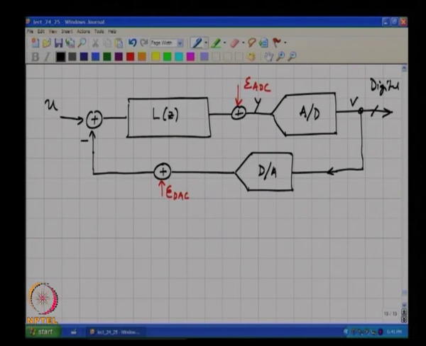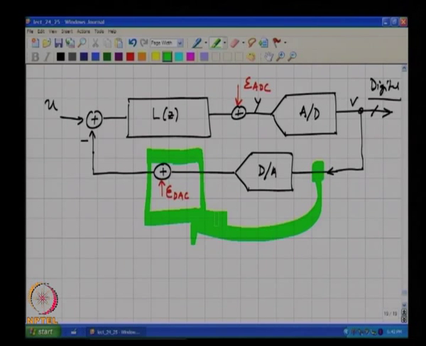Okay. All right. So, in other words, you can say that if the D to A converter was ideal, this V, this digital sequence which goes here is a digital representation of V, right. But unfortunately, the D to A converter is not ideal and the non-ideality is being modeled by the sequence EDAC, which again I will remind you is a function of the code.